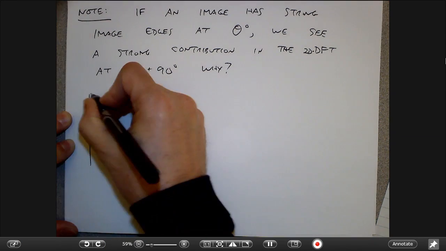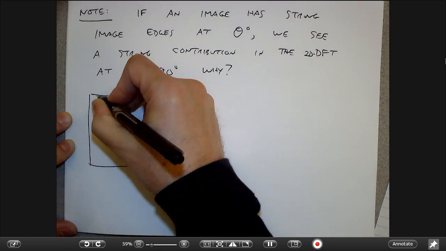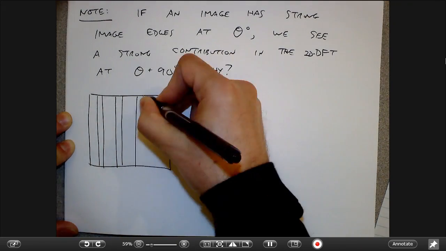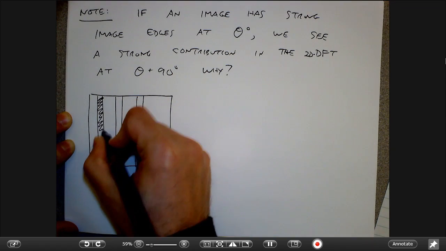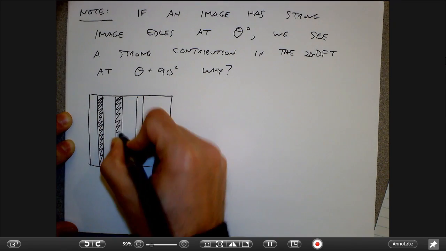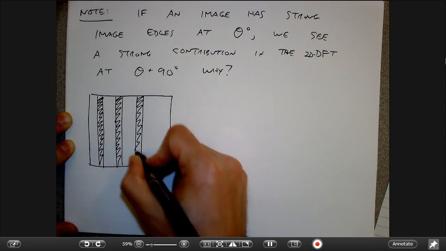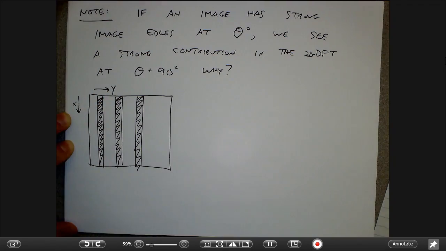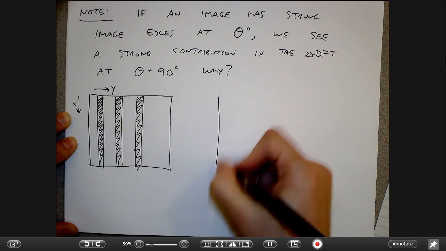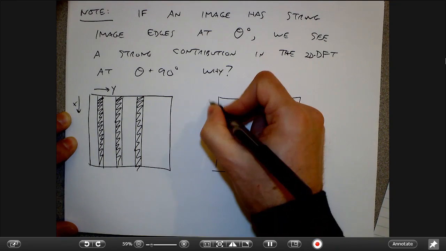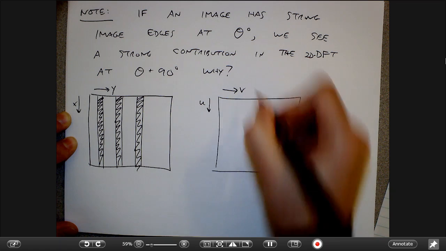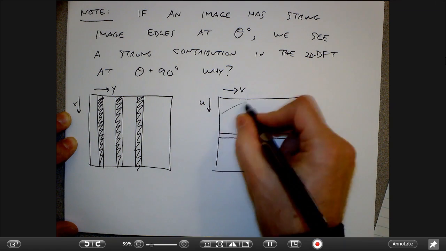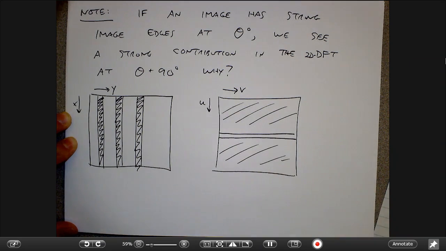So let's think about this image here. This is like the first image I showed, where I have some strong bars. Let's imagine that this is my x direction, this is my y direction. And what we saw in that Matlab example is that if this is the u direction and this is the v direction, I saw something that looked like a bright bar here and dark here, right?